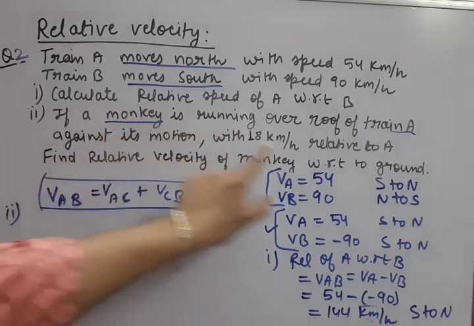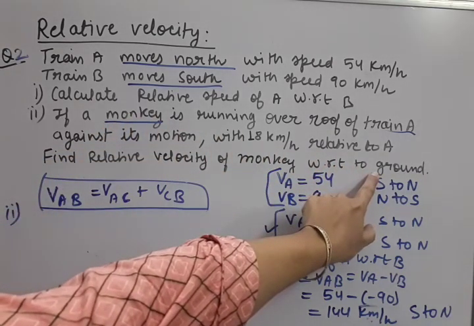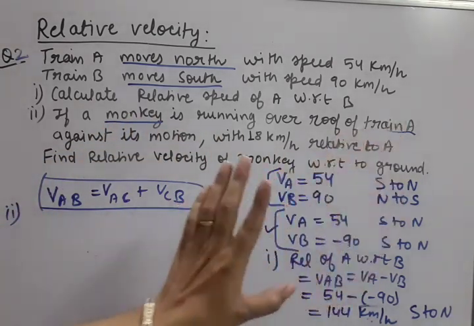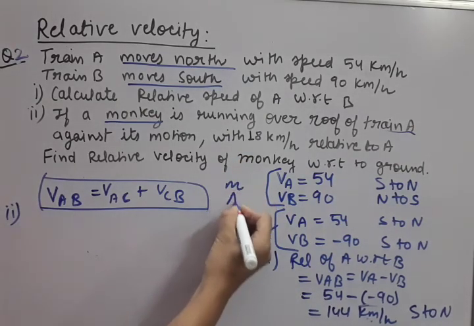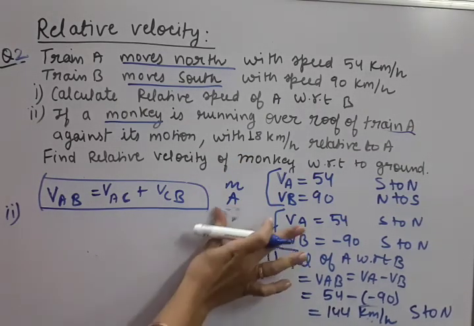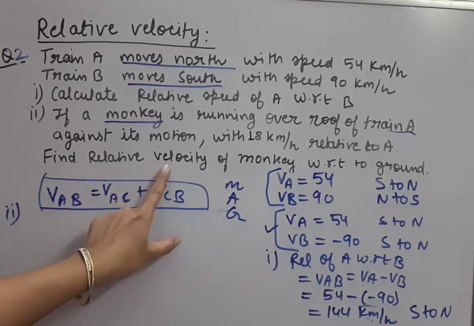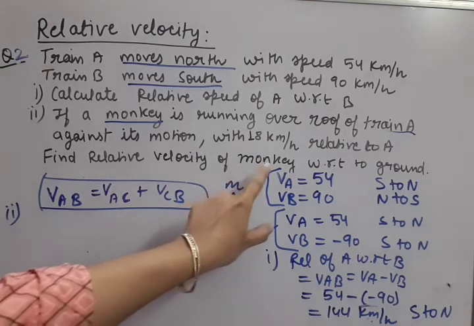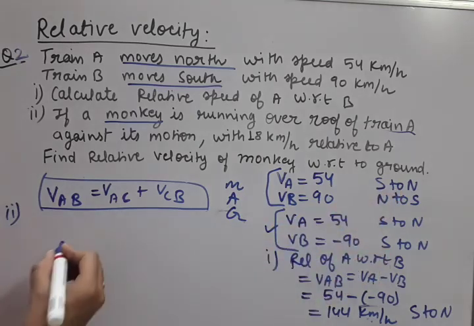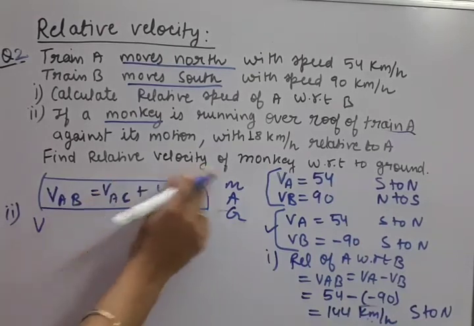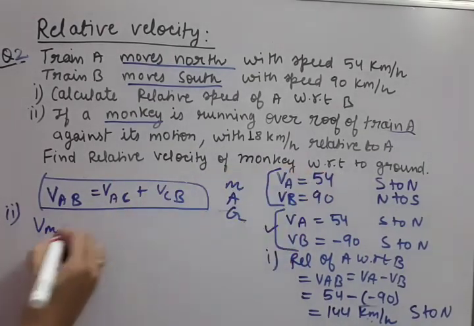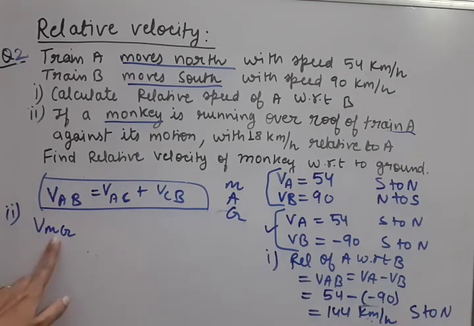Monkey M, A and ground. Now our target: what do we have to find? The relative velocity of the monkey with respect to ground, so we have to find VMG.